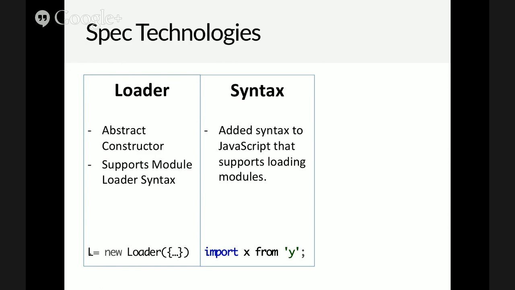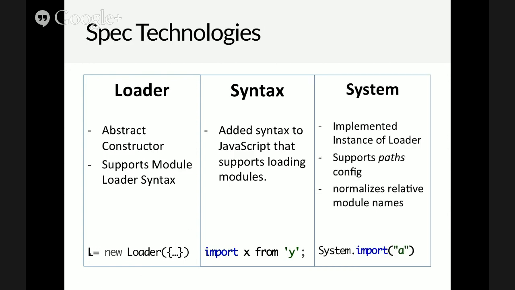The second is the syntax, the ES6 module loader syntax, that's import X from Y. This is just a new syntax being added to JavaScript to support loading modules. And then finally, there's the system loader. This is an instance of loader.